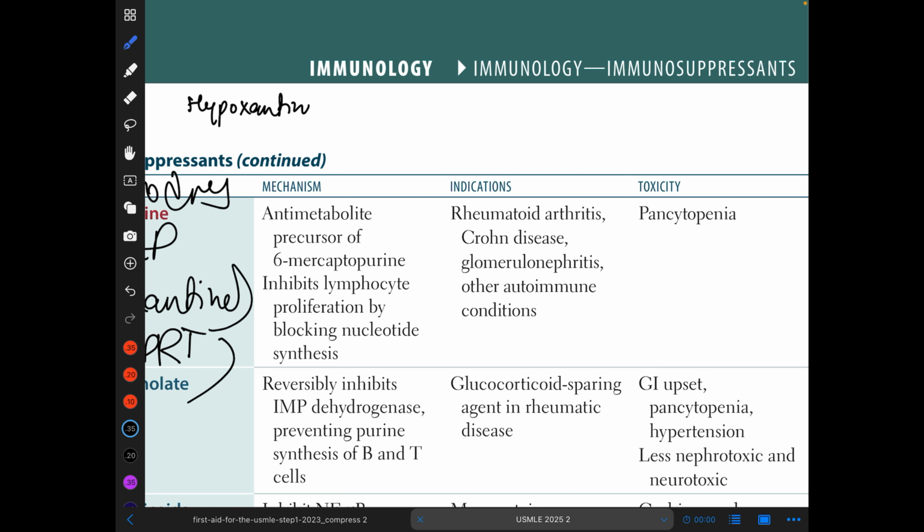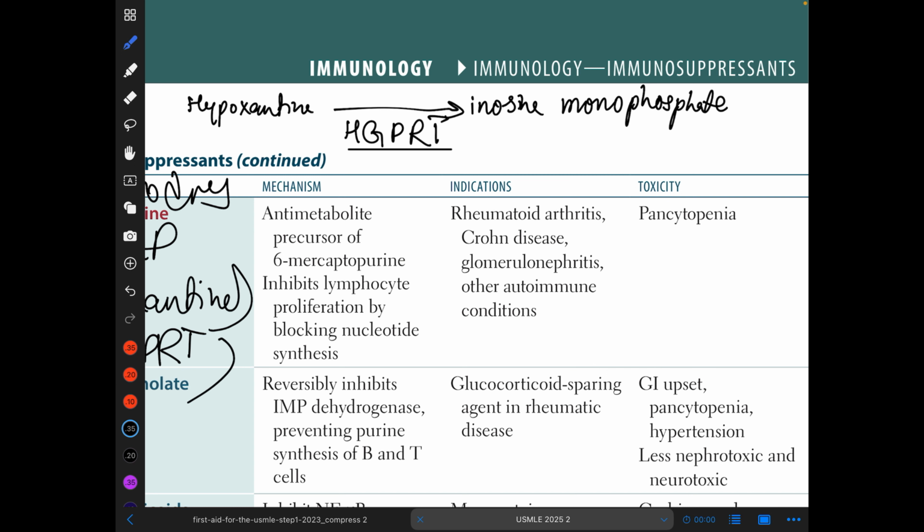Hypoxanthine is converted to inosine monophosphate by the help of HGPRT, and also guanine to guanosine monophosphate.